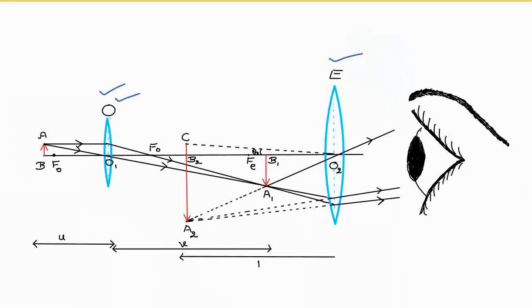It has a short focal length and small aperture, and the lens which faces the eye is called the eyepiece. It also has a small focal length and comparatively large aperture.